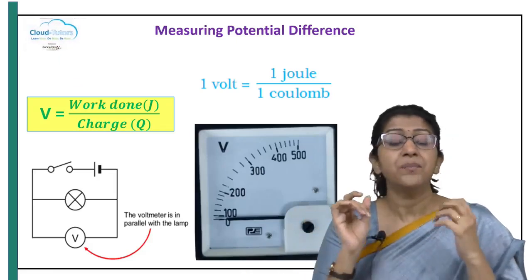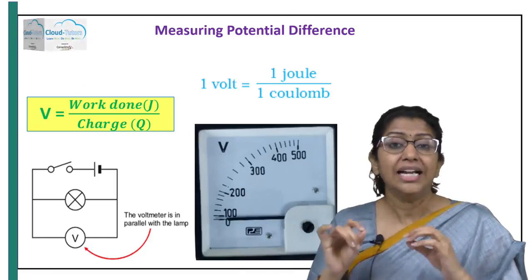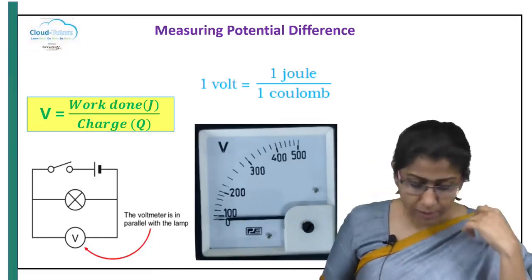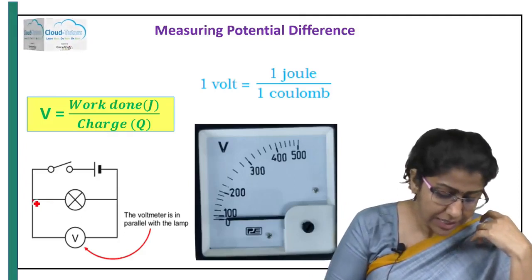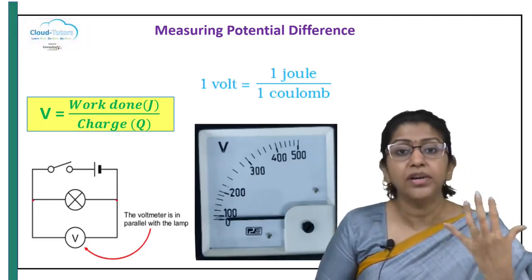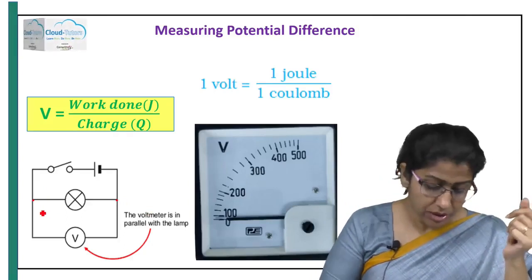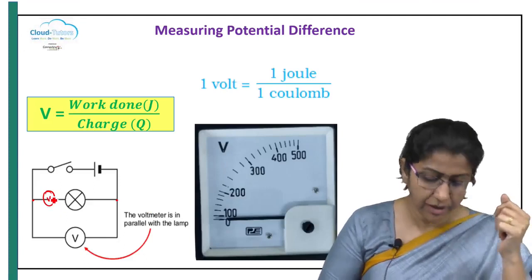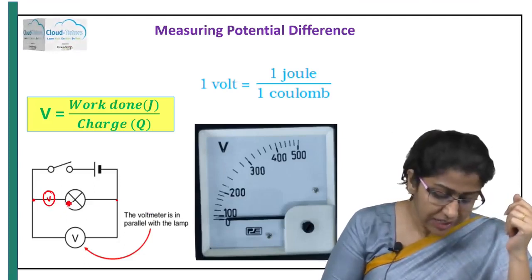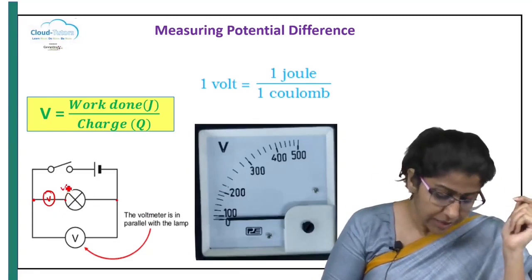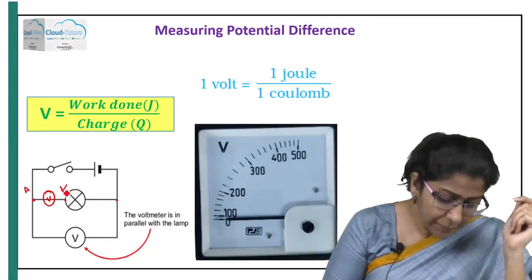Say, for example, these are the two points that we need to measure the voltage across. If I connect the voltmeter here, it will give me the potential difference between these two points, A and B.